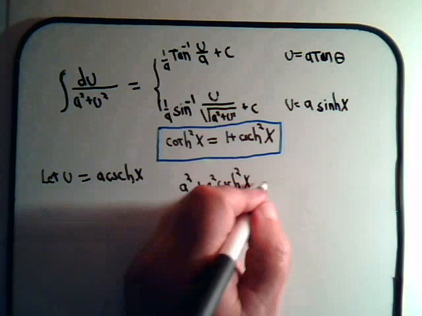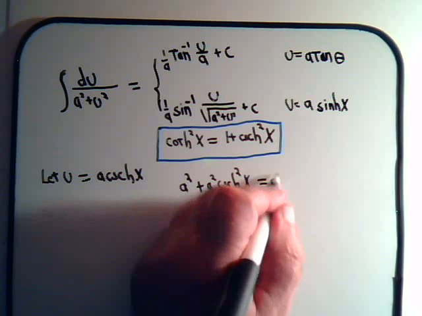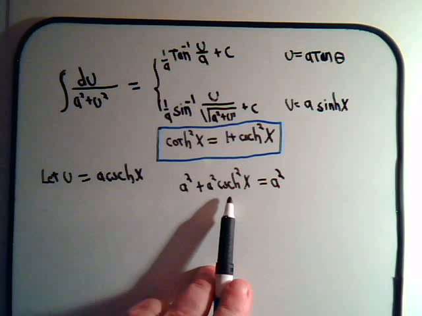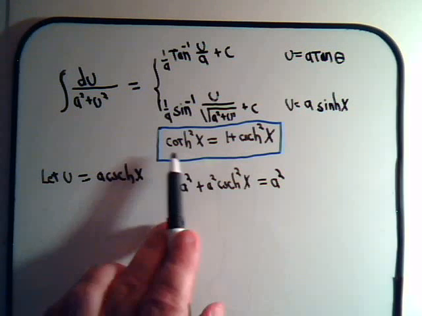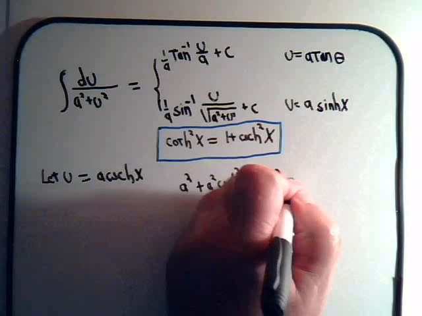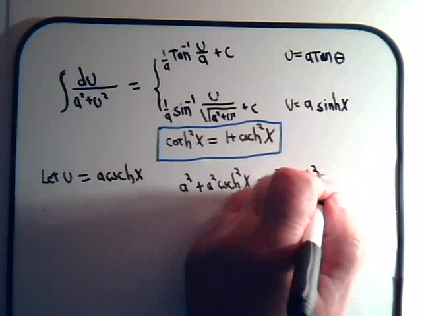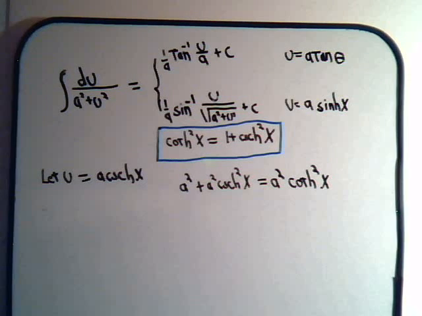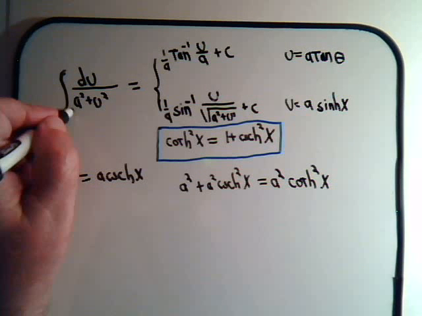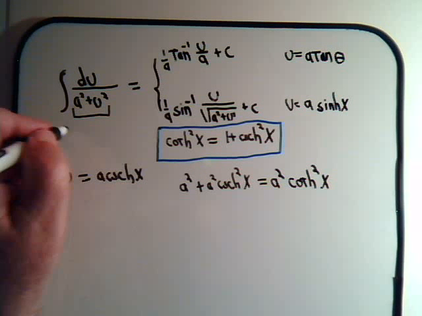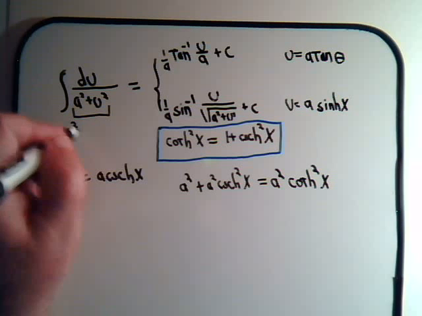And if we factor the a squared out, that becomes 1 plus the hyperbolic cosecant squared of x, which is the hyperbolic cotangent squared of x. So this part of the integral is now a squared times this.